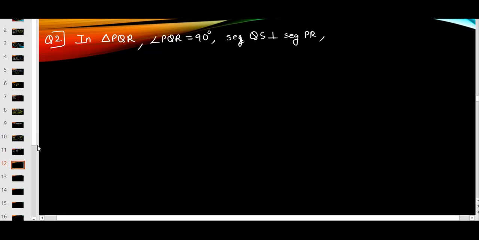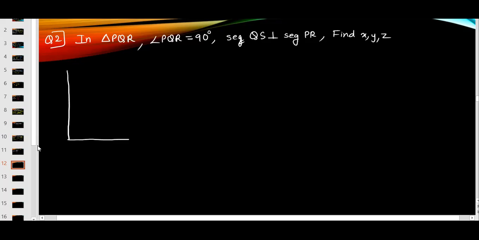Based on this information, we are going to find the unknown values. Here the diagram is already given to you in the question, so you don't have to worry about it because they did not mention any other stuff here. All the values are given, only find x, y, z. That means the values are given in the diagram.